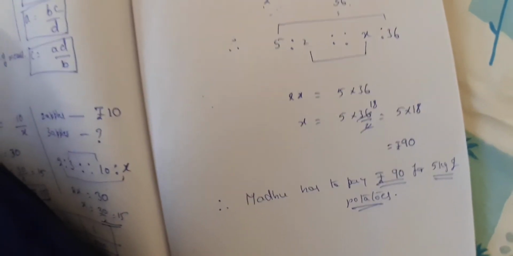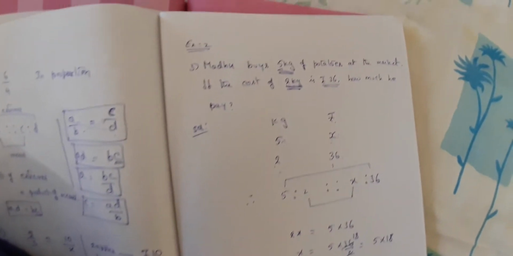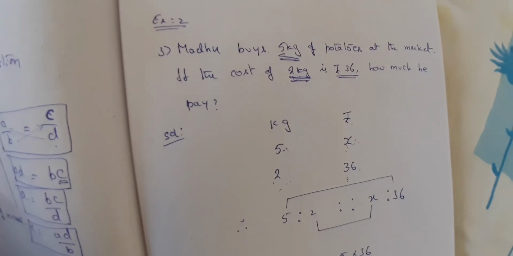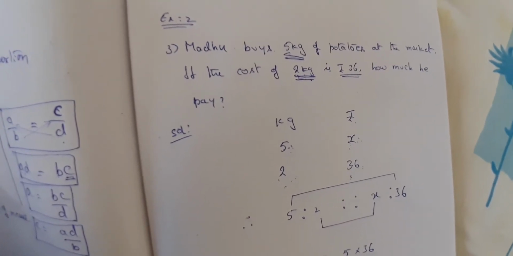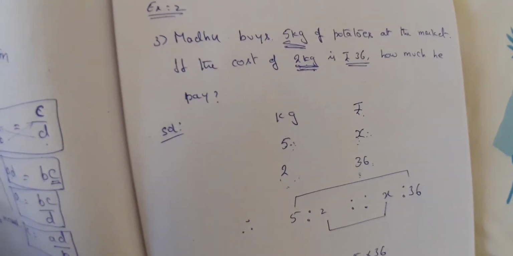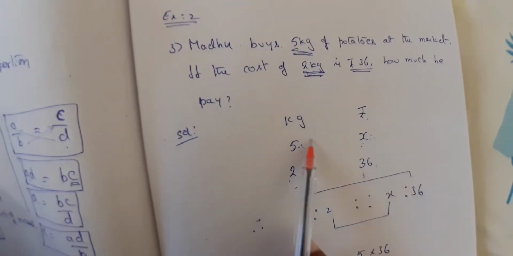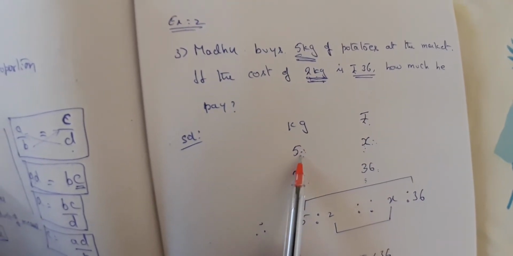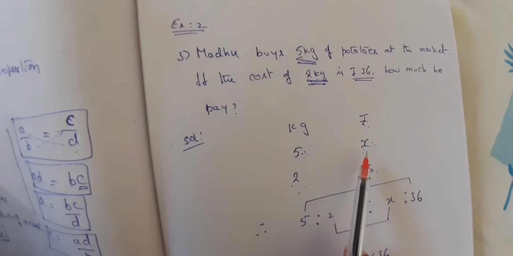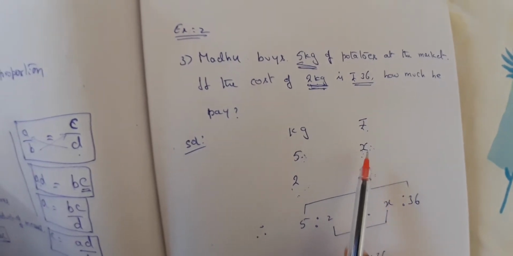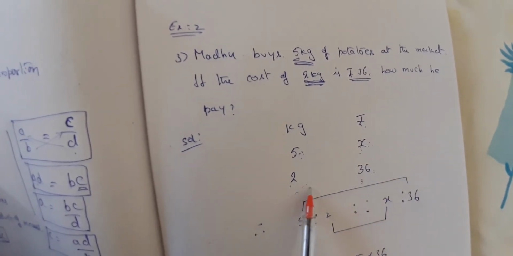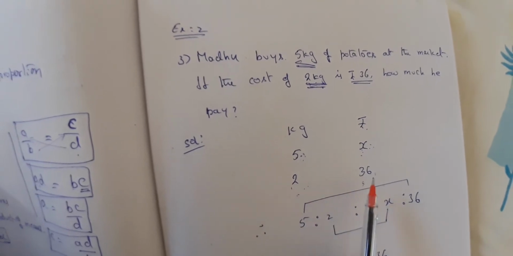Clear, children? So let us see what we have done. The question is that he bought 5 kgs and doesn't know how much he has to pay. So we wrote 5 kgs under kgs and x under rupees. The information given is that 2 kgs cost 36 rupees.